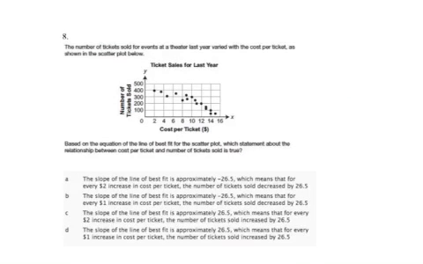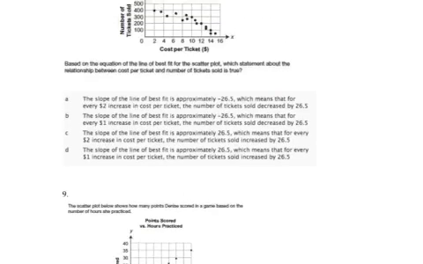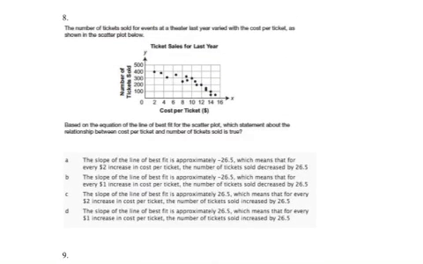So if you look at number 8 and 9, I want you to try to do these on your own, and when you're ready to check your answers, please press play. So for number 8, I can tell that my line of best fit is going to be decreasing. So I know my slope has to be negative.